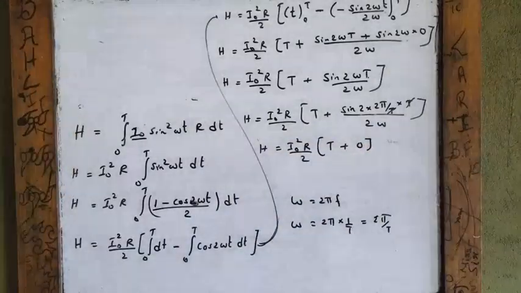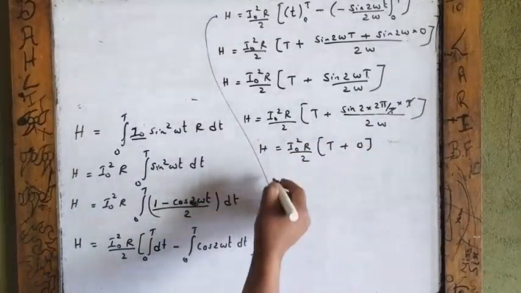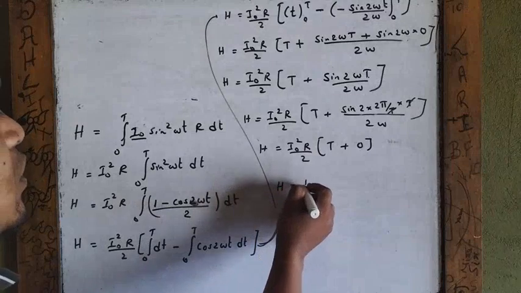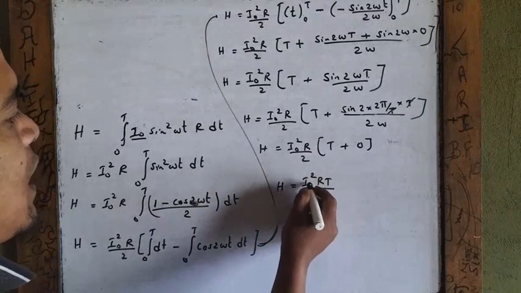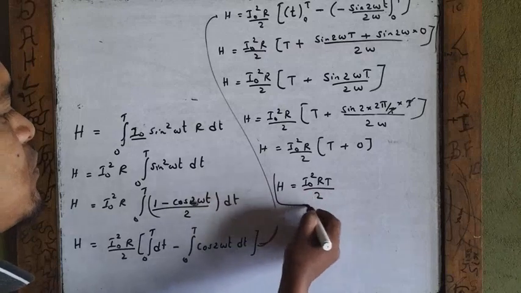So next you will have the amount of heat produced in that resistance capital R over one complete cycle equal to I naught square R T upon 2.